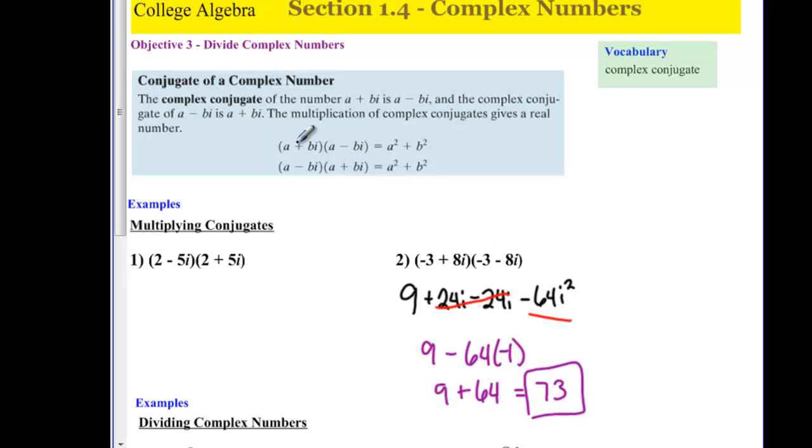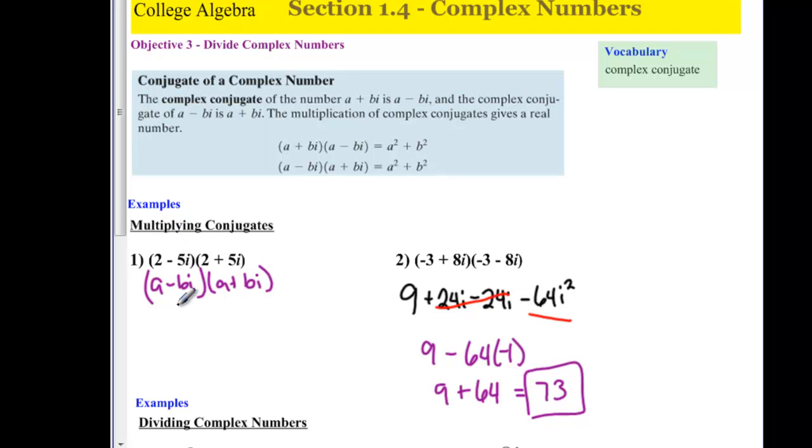And it's got the shorthand version of what's going on here, and we'll do the shorthand version for number 1. It says if you've got complex conjugates, you just do a squared plus b squared. So a squared is going to be this 2, because these are in the form a minus bi and a plus bi.